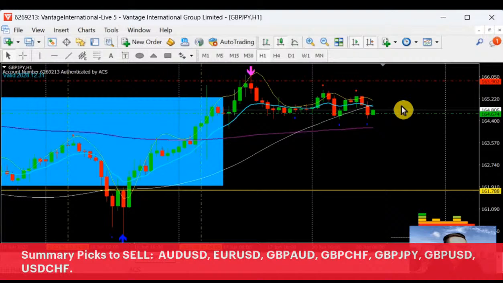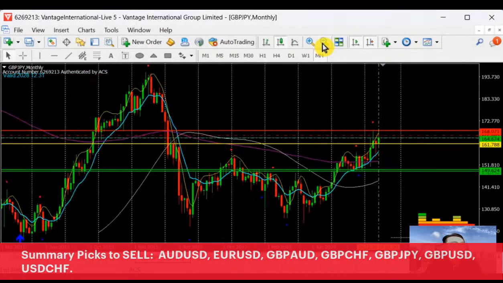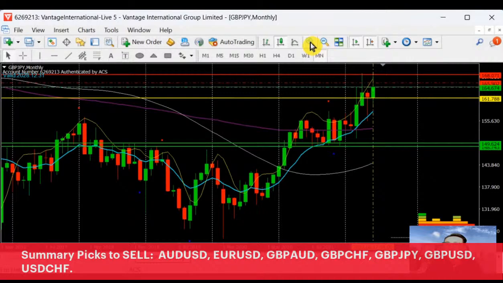Over here we can just hang on first. Pound yen, go to the monthly. Let's see the pound yen. So let's do this.